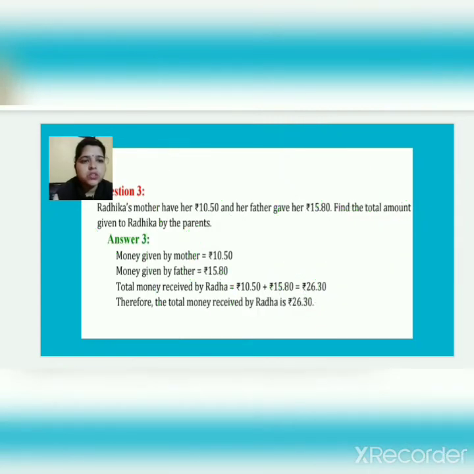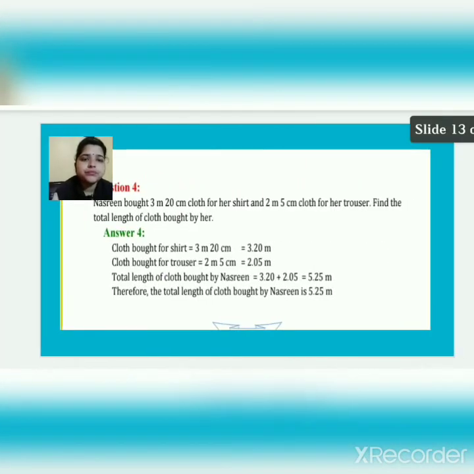Simple, just addition. So the total money received by Radhika is rupees 26.30. तो total amount Radhika के पास कितना है? 26.30. Now moving to question number 4.